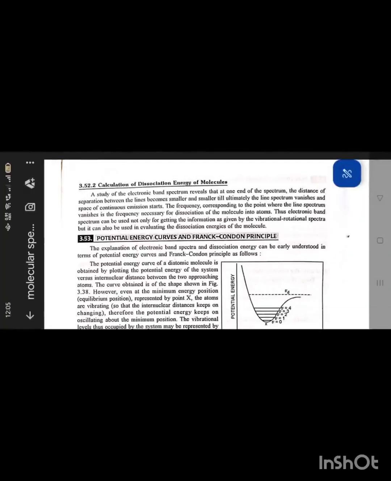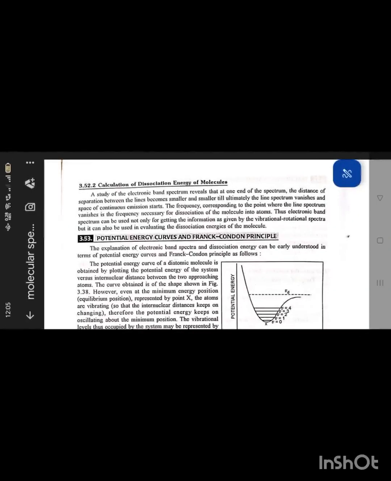The frequency corresponding to the point where the line spectrum vanishes is the frequency necessary for dissociation of the molecule into atoms. Thus, electronic band spectrum can be used not only for getting the information as given by the vibrational-rotational spectra, but it can also be used in evaluating the dissociation energies of the molecule.